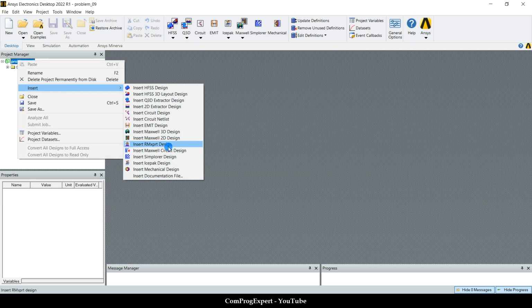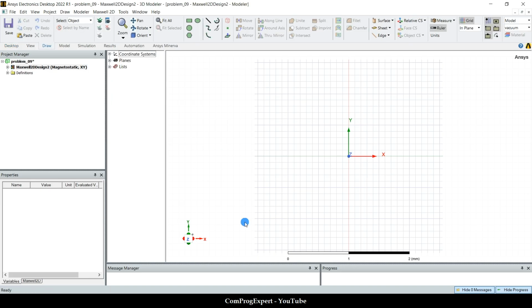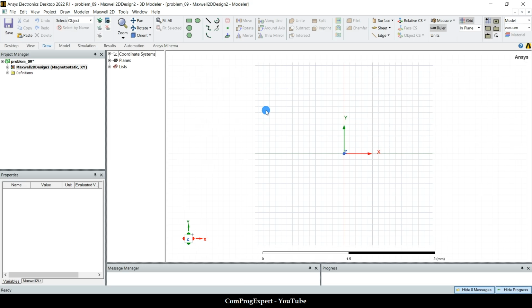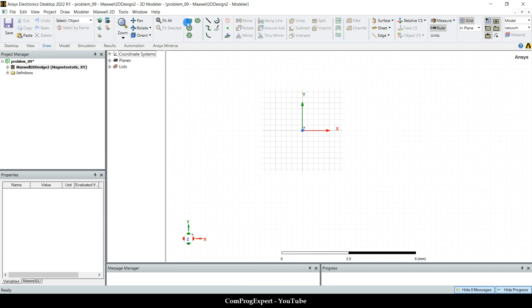How can we generate a structure like this one for this problem to investigate how we can calculate the inductance of the coil? Let's use these arbitrary numbers.